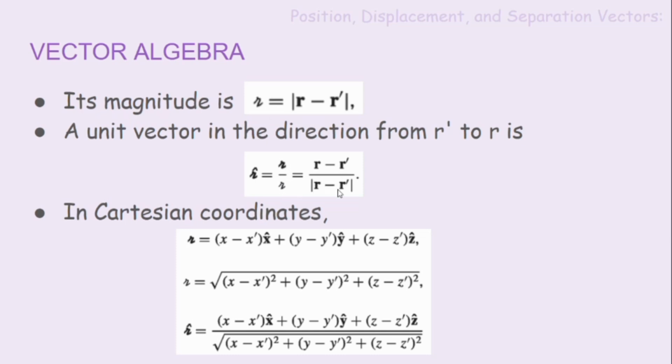And if we write it in Cartesian coordinates, we will have the x direction, y direction and z direction, and this will be the magnitude and this will be the unit vector. We have this vector in the numerator and this magnitude in the denominator. So this is the unit vector of the separation vector.